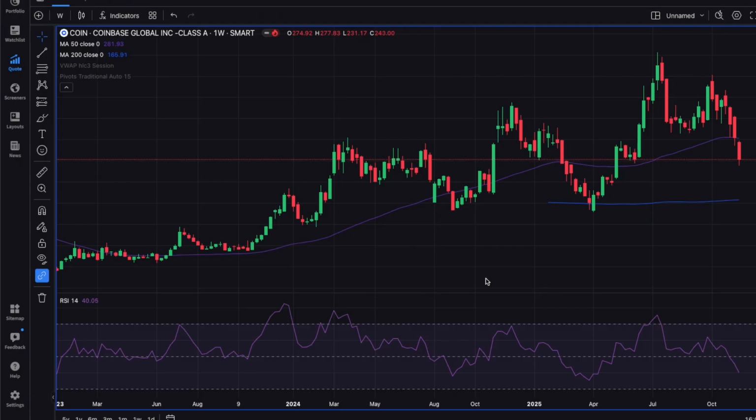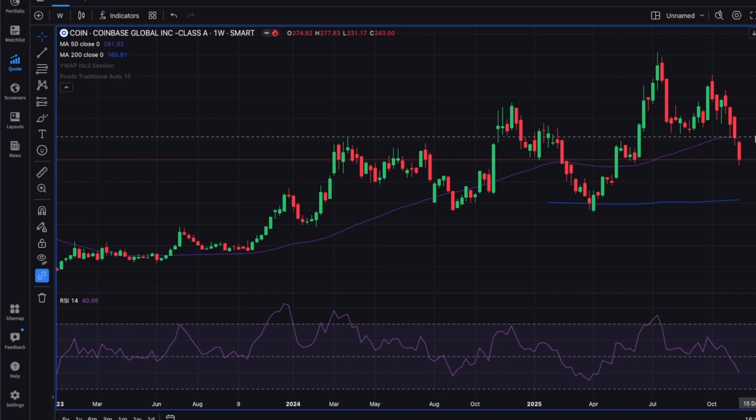First thing we'll do is have a look at the price action from the last couple of years on this chart. As we can see, from the end of 2023 onwards, Coinbase seemed to have a steady rise, hitting a peak of about 440. And now it's pulling back as the Bitcoin price has come down.